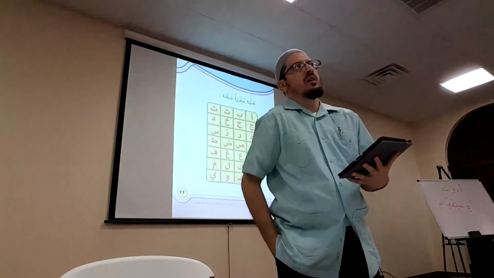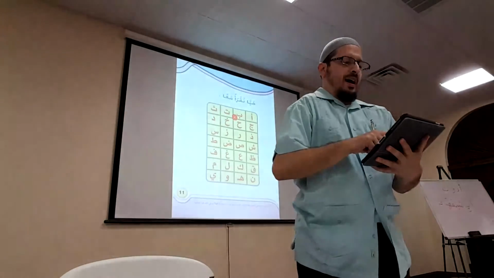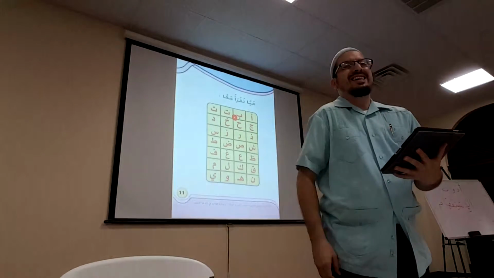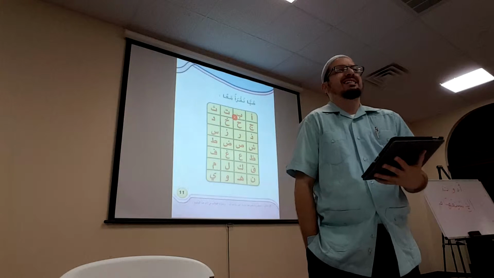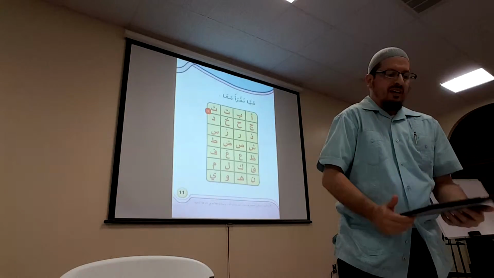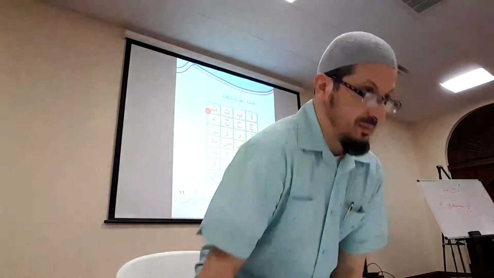So alif, ba, ta, good. Tha. Now the tha, this is a challenging one. Sometimes some brothers have a different dialect, so by not putting the tongue in the right place, it comes out as sa, and it's not sa.